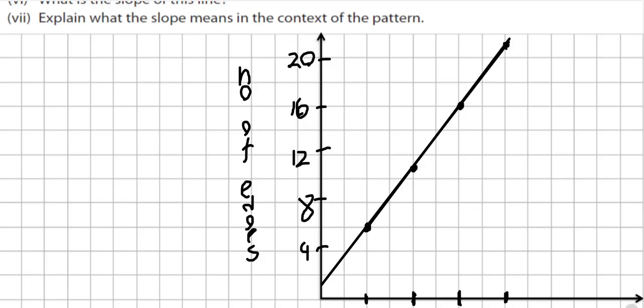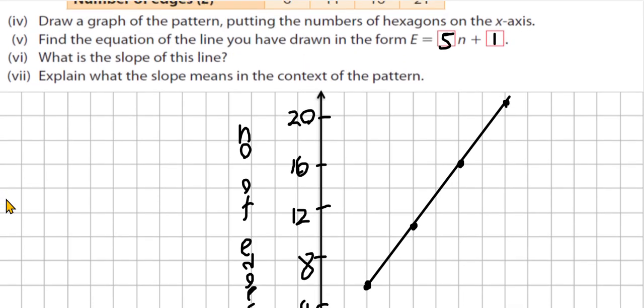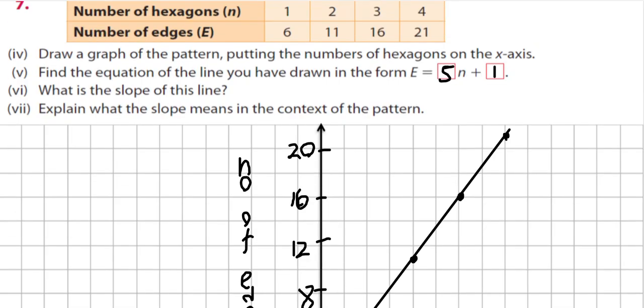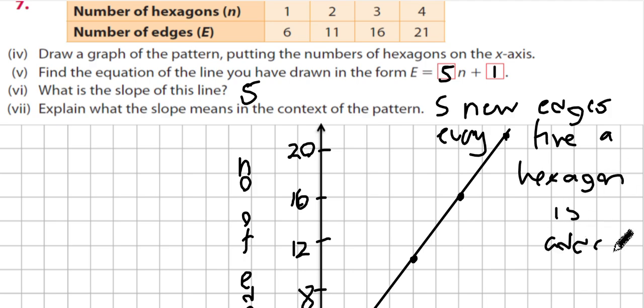That point would be 1. You don't have to draw it any further, by the way. That's the correct way of drawing it, is what we have there. Okay? The slope is 5. What does the slope mean in the context? 5 new edges every time a hexagon is added. See the way there's context to it?